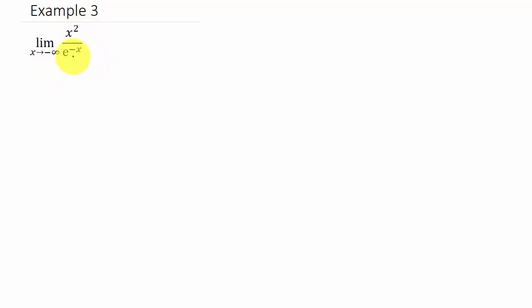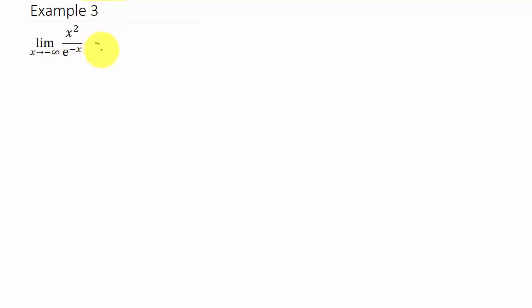And for the denominator, when we plug in really small numbers like negative 1 million, negative 1 billion, all the way to negative infinity, the negative and the negative make a positive, so the denominator is going to infinity also. So we have infinity over infinity.